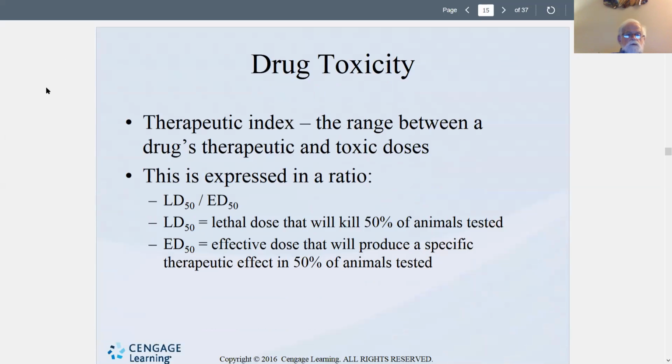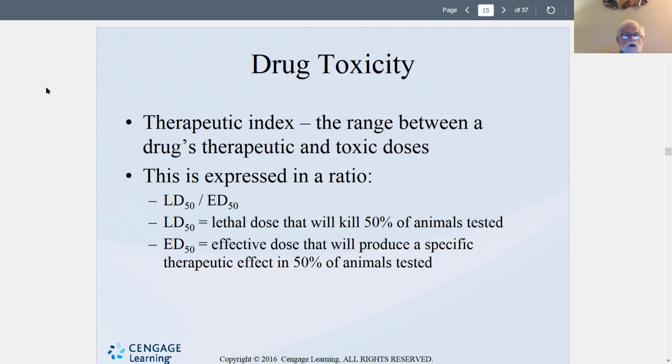Toxicity: drugs are required to be both safe and effective in treating patients, meaning that there will be very few side effects at what is supposed to be an effective dose. And we call the difference between a therapeutic dose and the dose at which we see toxicity the therapeutic index.